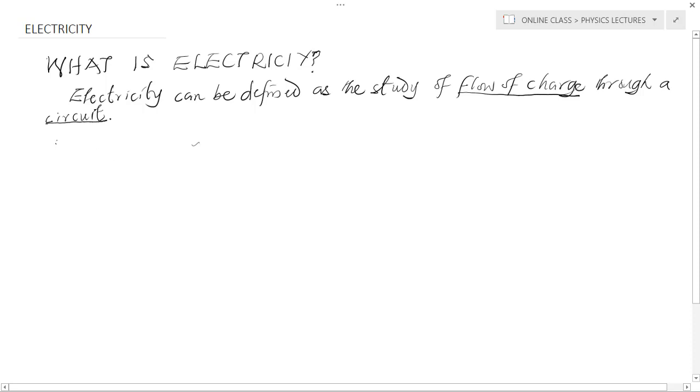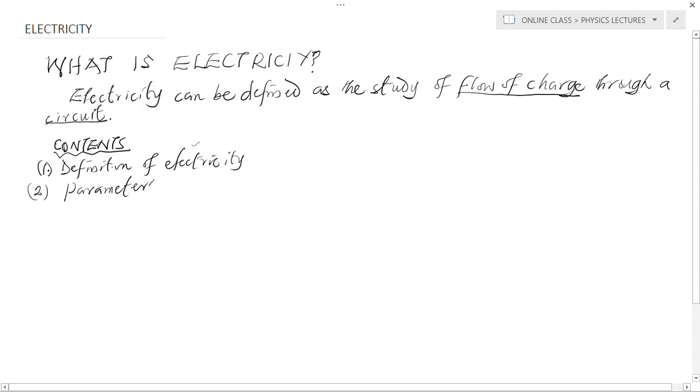Now, what are the contents in this topic? I've started already. Number one is the definition of electricity. Number two is parameters of electricity.